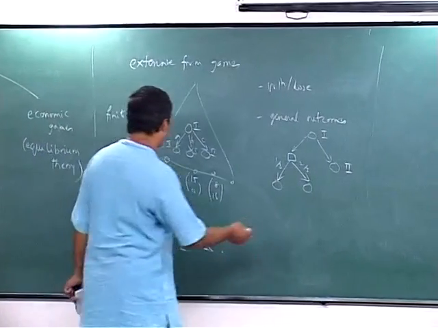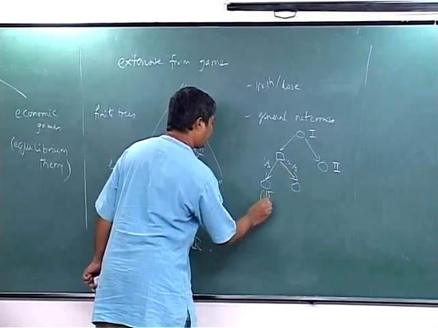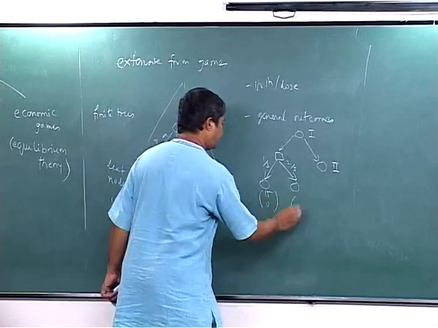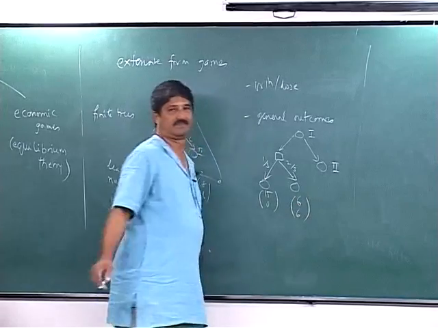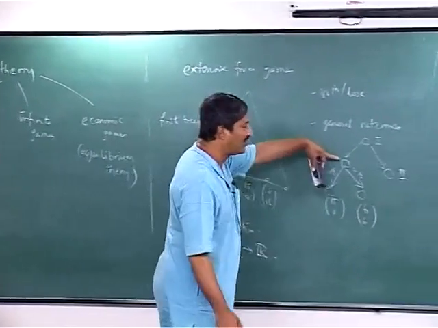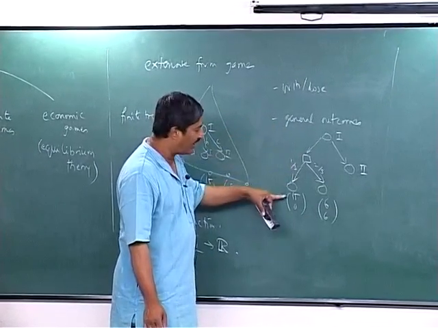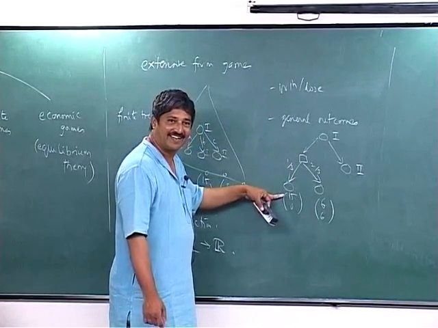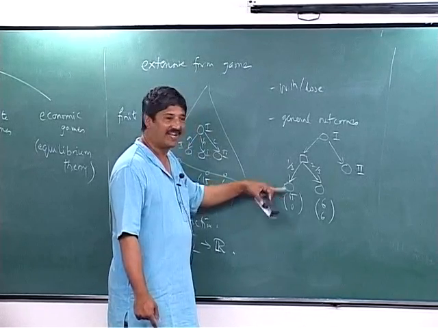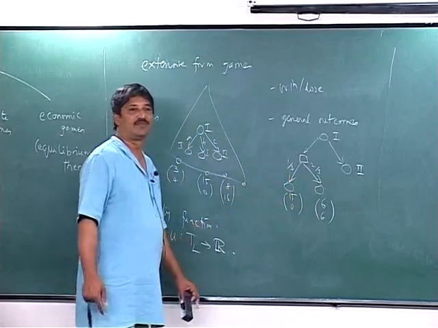Now here suppose you have a utility like this. What does this mean? If play gets to this node with 1/3 probability, I'm going to get 15 and you're going to get 0. And if it gets here with 2/3 probability, both of us get 6, 6.